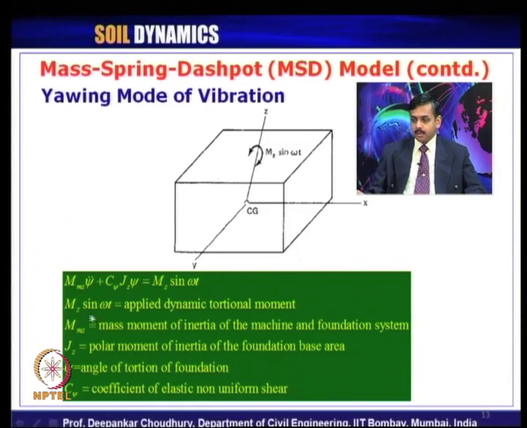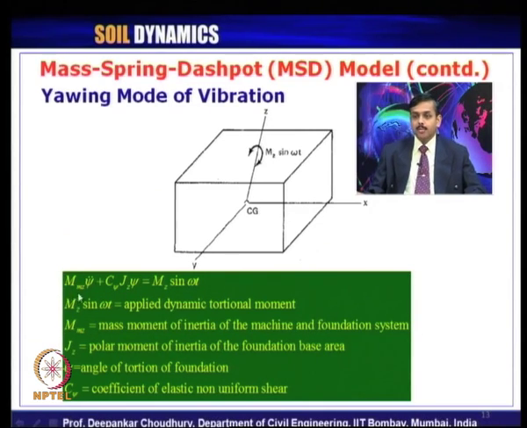Here, Mz sin omega t is the applied dynamic torsional moment, M mz is the mass moment of inertia of the machine and foundation system about this z axis, and Jz is the polar moment of inertia of the foundation base area about the z axis. Remember, this is the area moment of inertia, whereas M mz is the mass moment of inertia. We have to be careful about which component needs to be used where.